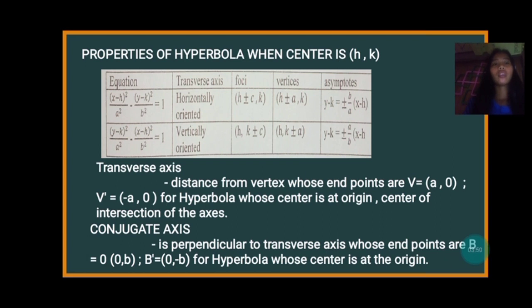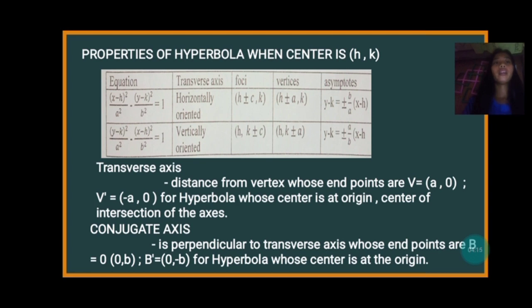Your foci are (h positive or negative c, k), your vertices are (h positive or negative a, k), and your asymptotes are y minus k equals positive or negative b over a times x minus h.